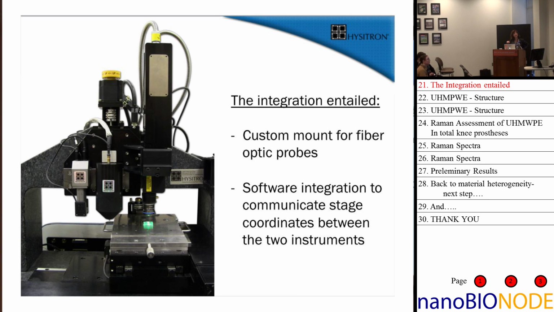This is really heavy, so when we do dynamic testing, we have to actually take it off and put a normal objective setup on there. It's also got a 50x objective on here, so time will tell if we can ever find the sites that we want to indent. I think that we're going to have to switch them out. And then they also had to coordinate between the 2 companies to allow Hysitron and Renishaw to communicate stage coordinates so we could do 2D Raman mapping.